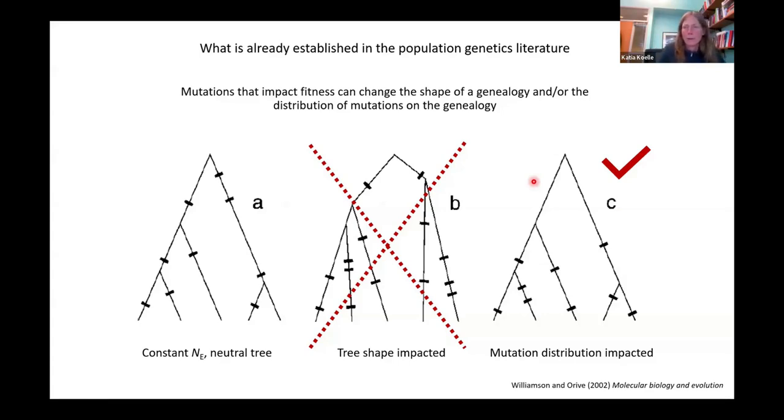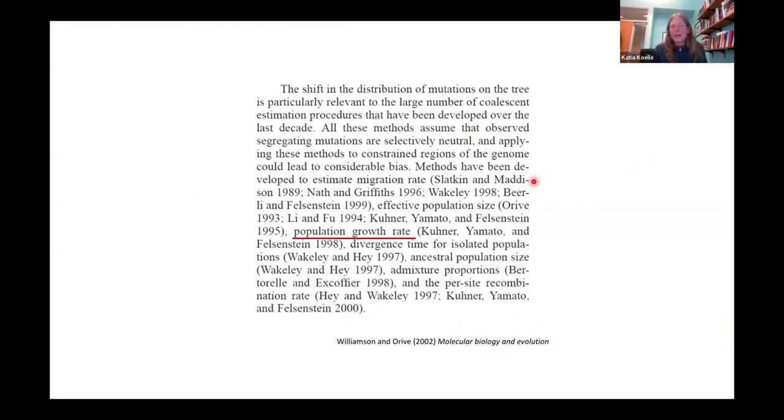Okay, many of you probably already know all of this. They have in their paper this one paragraph, and I'm not going to read the whole thing, but they say that the shift in the distribution of mutations towards the external branches is particularly relevant to the large number of coalescent estimation procedures that have been developed over the last decade.